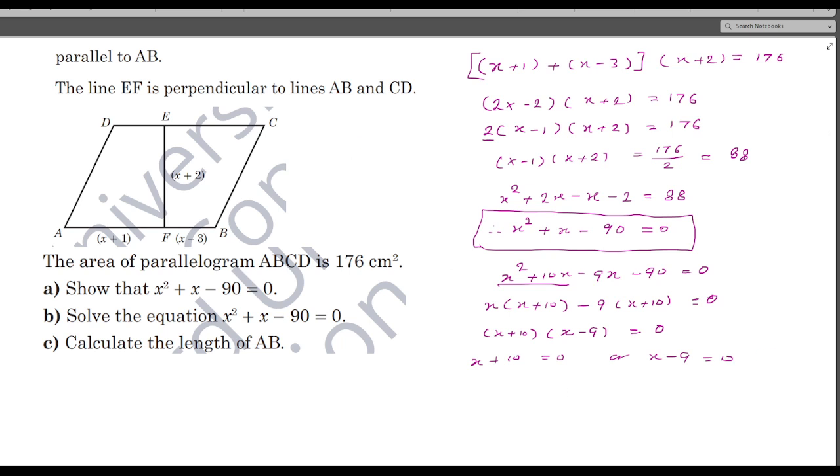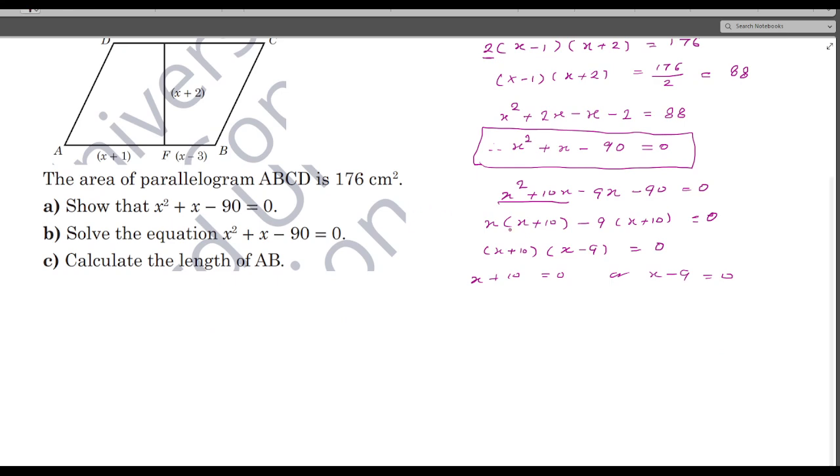Now x plus 10 equal to 0 gives you x is equal to minus 10, or x is equal to 9. Now x equal to minus 10 is not possible, because that will give you x plus 1 as minus 9, the length of AF, which is not correct.